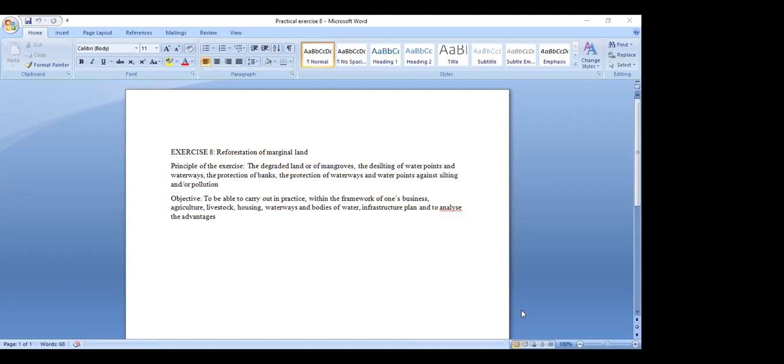So the principle of the exercise covers degraded land or mangroves, the de-silting of water points and waterways, and the protection of banks, waterways and water points against silting or pollution. For some of us that have seen erosion taking place on the farm, you will see that there is always a pathway to it.